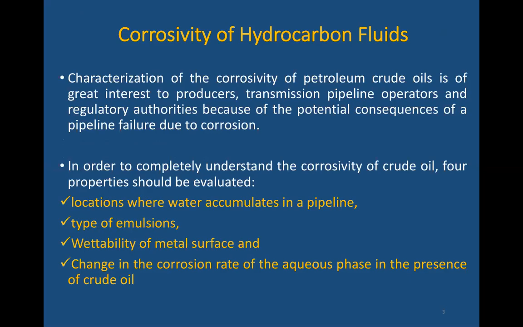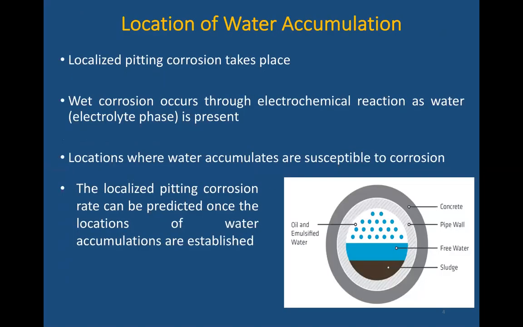We also discussed the accumulation of the water in the pipeline, and that depends on different factors that can influence the pipeline corrosivity: types of emulsion, wettability, and change of corrosion rate of the aqueous phase in presence of crude oil. We discussed the location of the water accumulation.